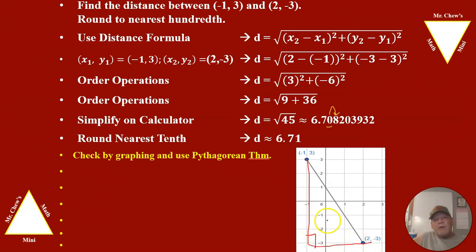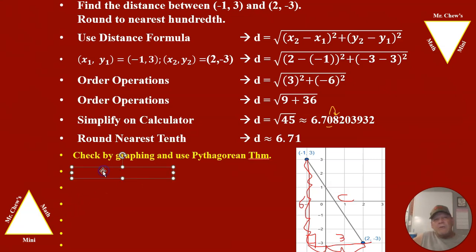Since it's a right triangle, this is the hypotenuse, which is C, and this distance is 1, 2, 3, 4, 5, 6. So I know that 6 is going to be one of the legs, and this distance is 1, 2, 3, and 3 will be the other leg.